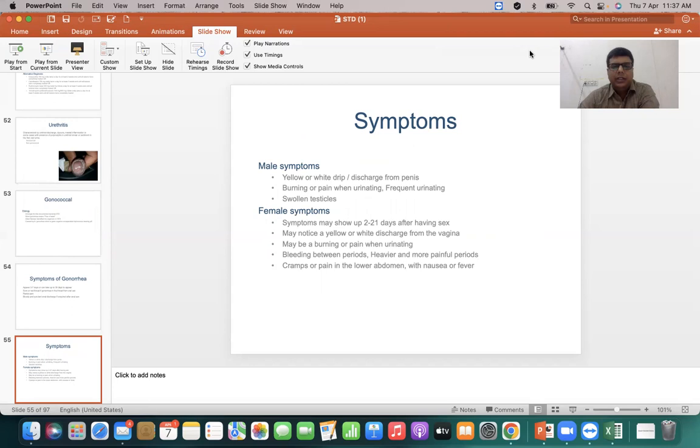In female patients, symptoms may show up in 2 to 21 days after having sex. Many may notice a yellow or white discharge from the vagina, maybe burning or pain while urinating. There will be bleeding between periods, heavier and more painful periods, cramps or pain in the lower abdomen with nausea or fever.